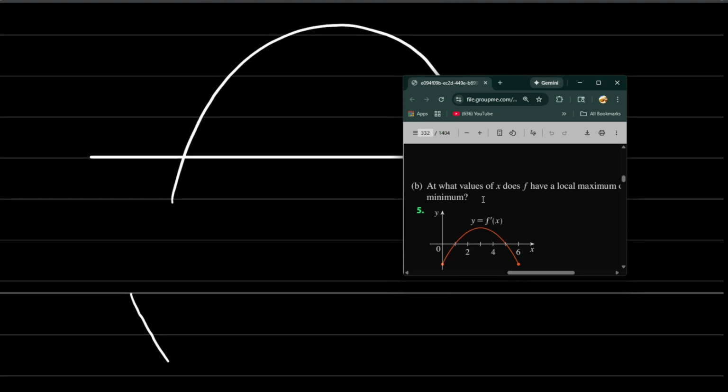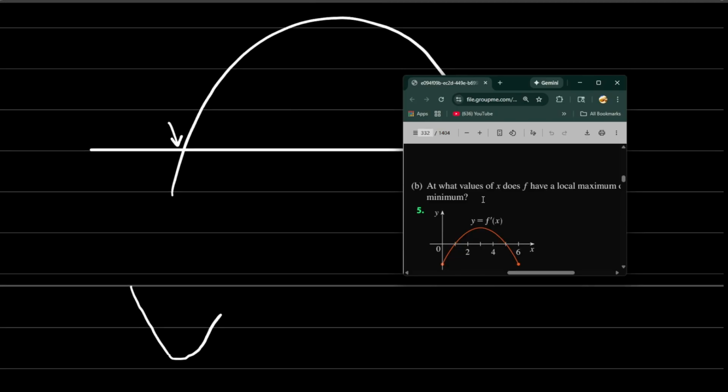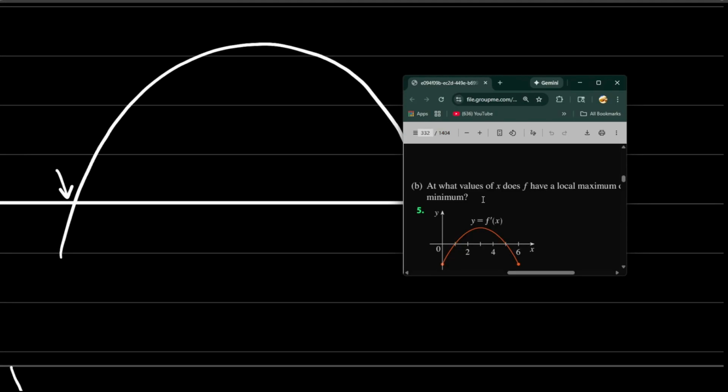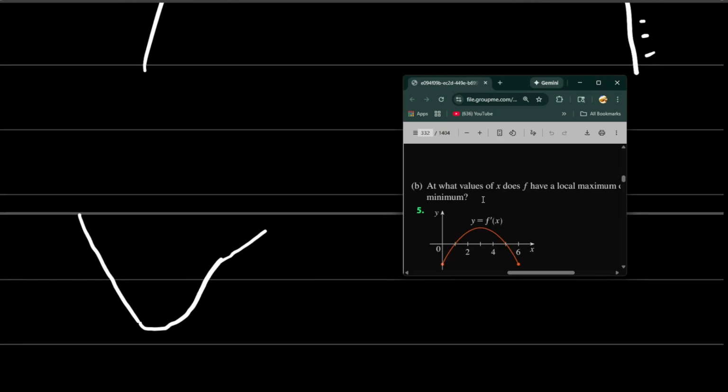So our graph would be negative, negative, negative, until it switches at this point here to being positive, positive, positive. And then it happens again over on this side, where it's going from positive, positive, positive to negative, negative, negative. So we have a local min here and a local max here.